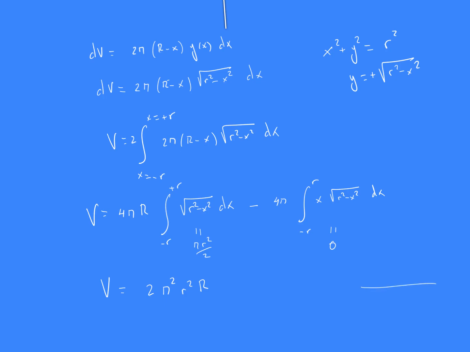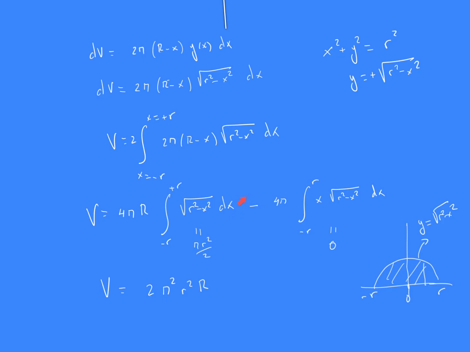Because y equals the square root of r squared minus x squared is this function, and the integral of this function from minus r to r is the area of the semicircle. So even if I don't know how to calculate it, it will be half of the area of the circle. The area of the circle is pi r squared. Half of that is pi r squared divided by 2.